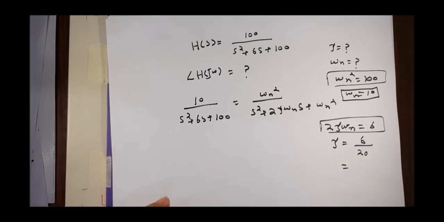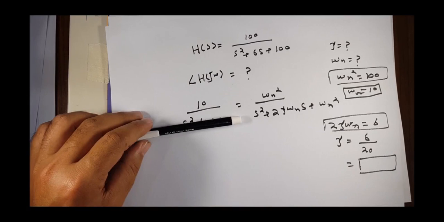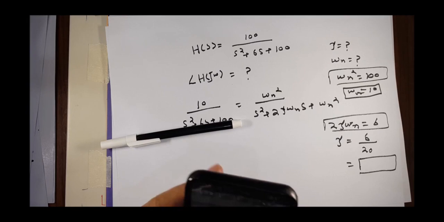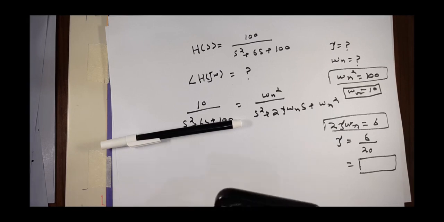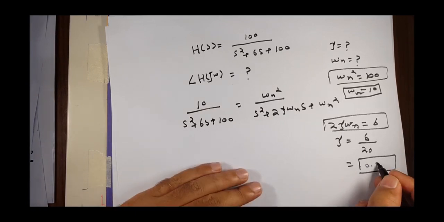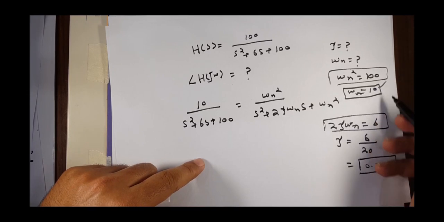So 6 by 20, and this will give you the result 0.3. This is 0.3.